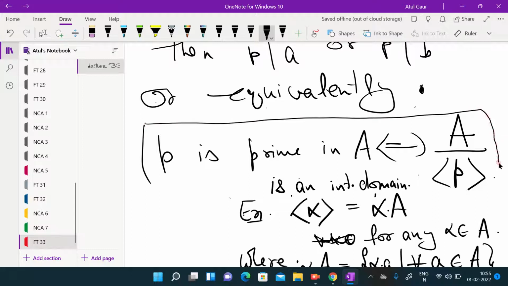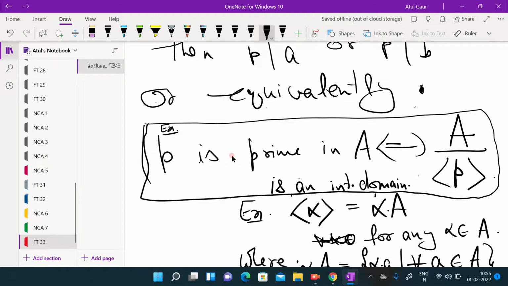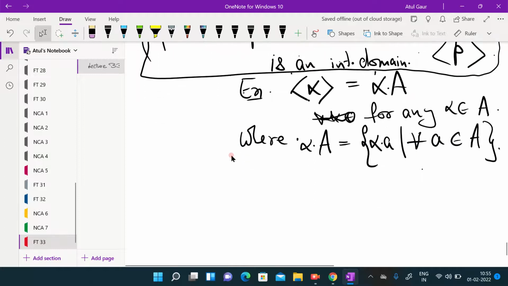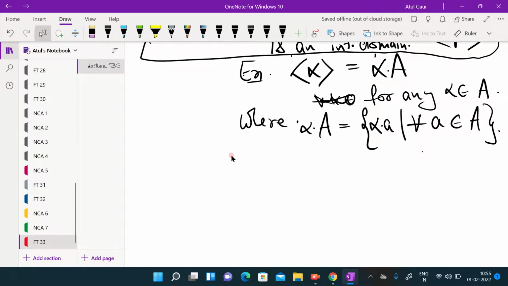I think it follows directly from the definition. ठीक है, I am leaving it as an exercise to you. Please check that this definition implies the upper one, and verify the equivalence. So fine.